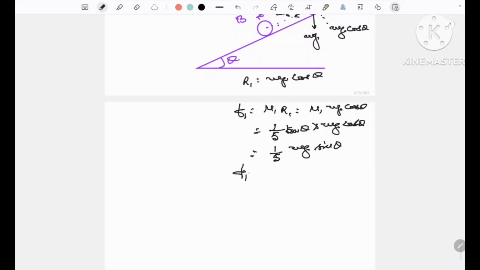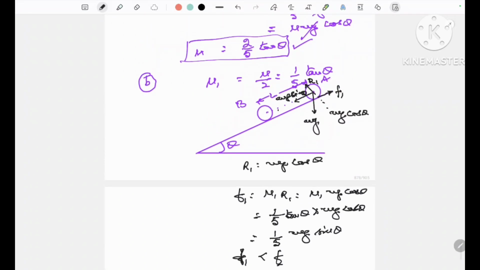F1 is less than F. Force F is necessary for pure rolling. Hence, in this case, rolling will not be pure. There will be sliding.